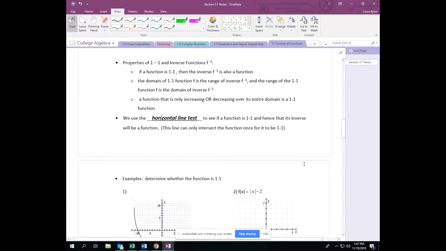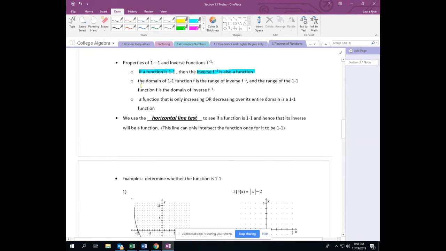All right, so some important properties of these functions. If a function is one-to-one, then you automatically know its inverse is a function. It doesn't say anything about one-to-one. It just says if the original function is one-to-one, then the new inverse function is going to be a function.